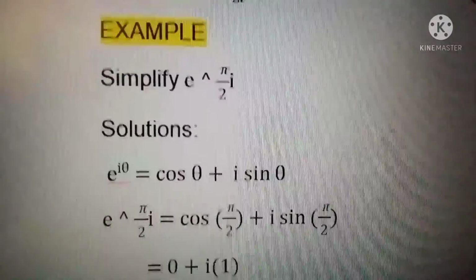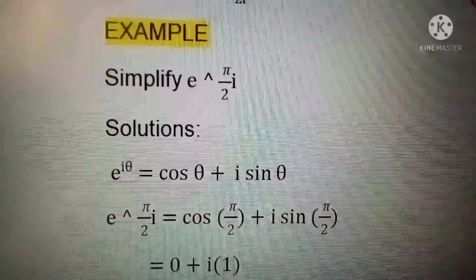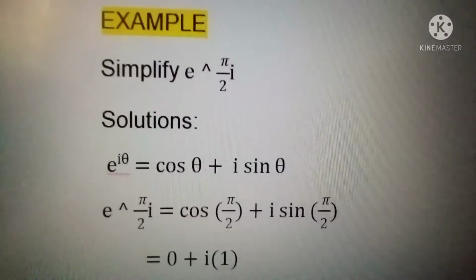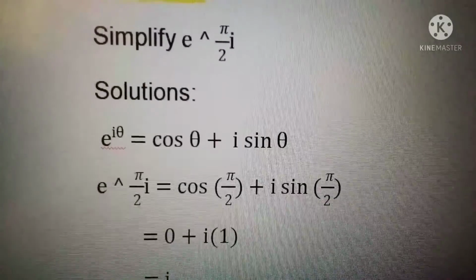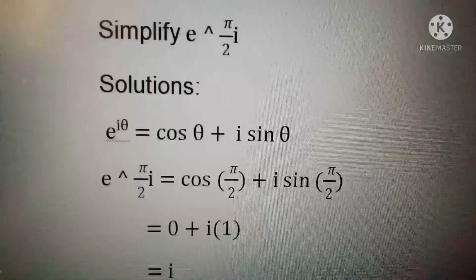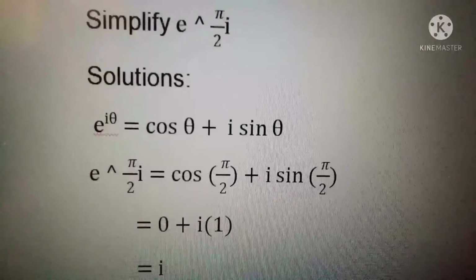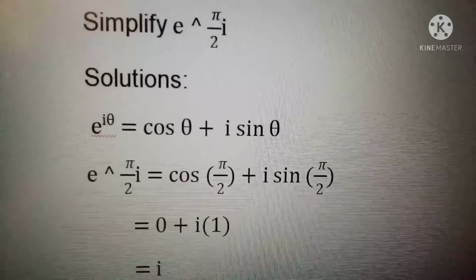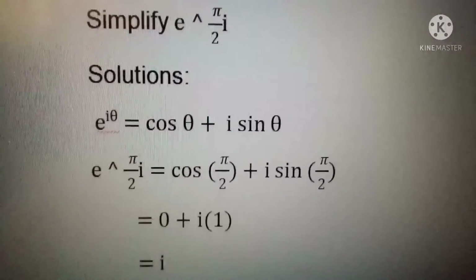So, we have an example. Let's simplify e raised to i pi over 2. So, ang ating formula, Euler's formula, is e raised to i theta is equal to cosine theta plus i sine theta. So, e raised to i pi over 2 is equal to cosine of pi over 2 plus i sine of pi over 2.